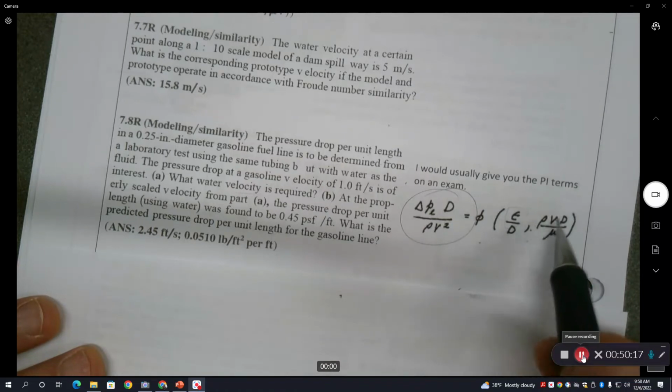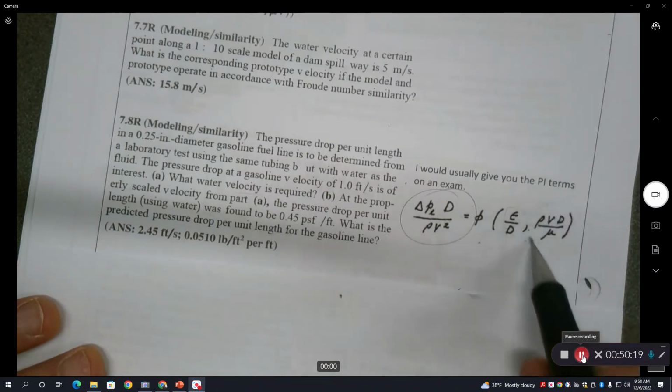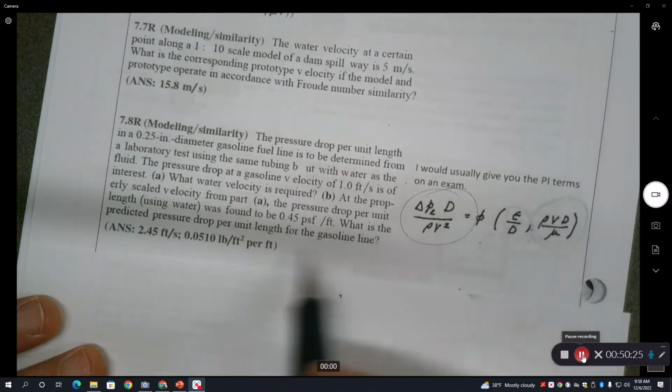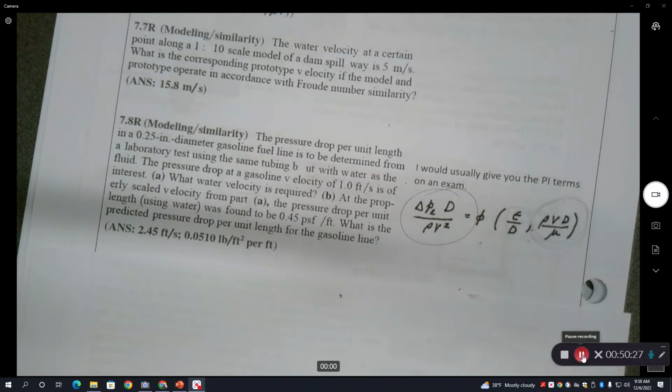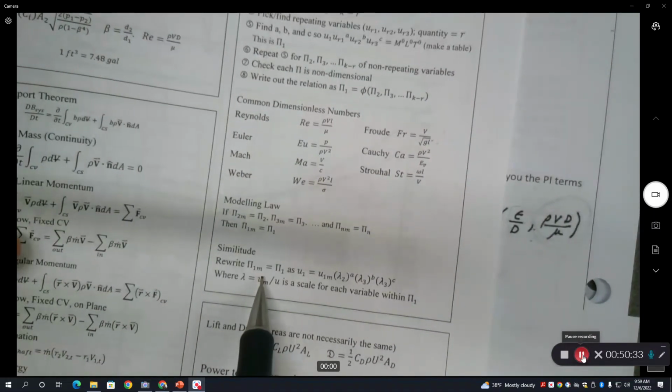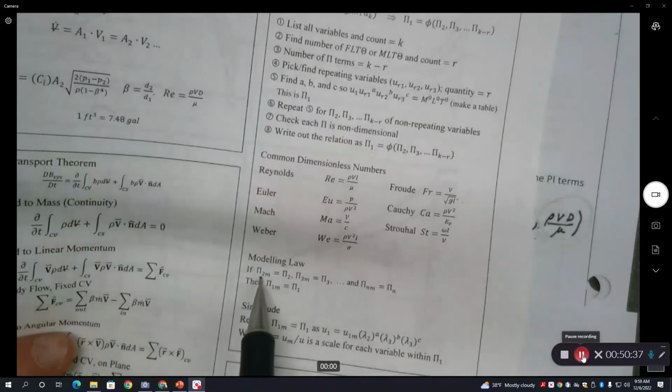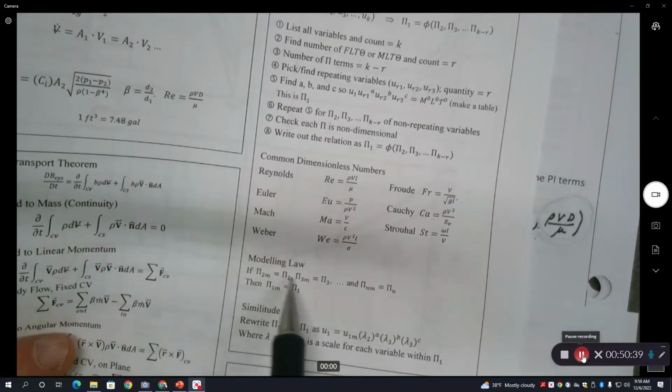Well, you have to make a decision. Should we first take care of this part right here to try to get similarity? Because that's our main similarity law, or our modeling law: you want to get the similitude rules, you want to get all of the pi terms. The modeling law is to get the independent pi terms to equal each other before you can do the dependent pi term, right?